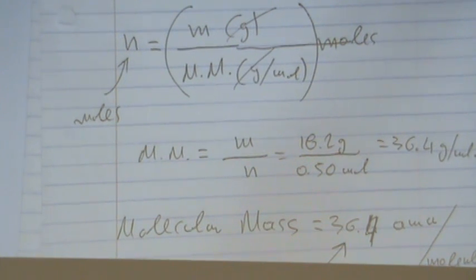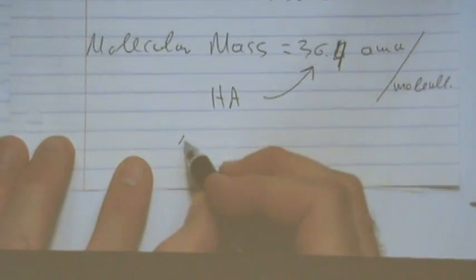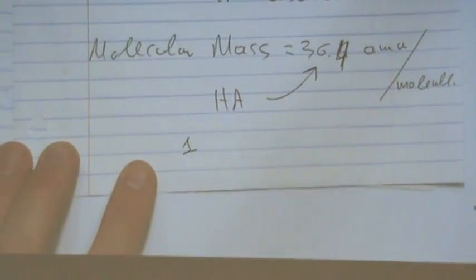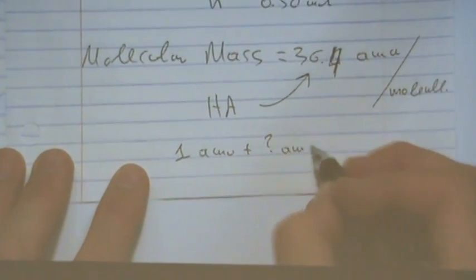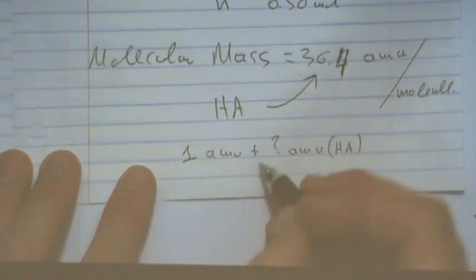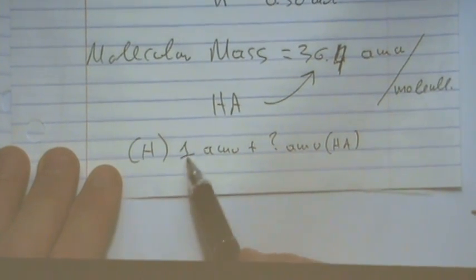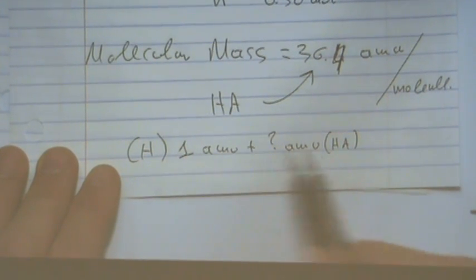And the molecular mass of this HA is going to be equal to what? 1. Hydrogen is about 1 AMU. Plus how much of this? We don't know.